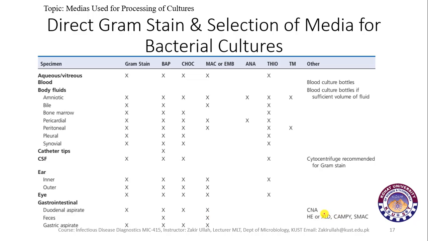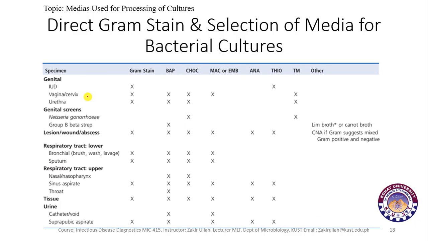If other media are available, for example CNA, then the duodenal aspirate is also inoculated on this CNA agar. CNA agar is an updated form of Columbia agar in which nalidixic acid is added. So that is why it is also used for duodenal aspirates, as it becomes selective for the specimens.